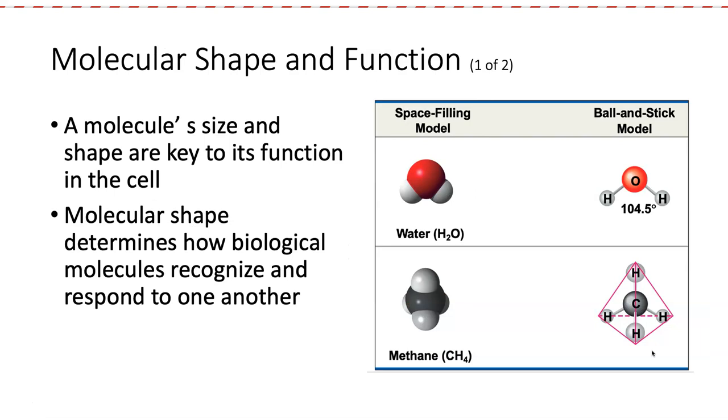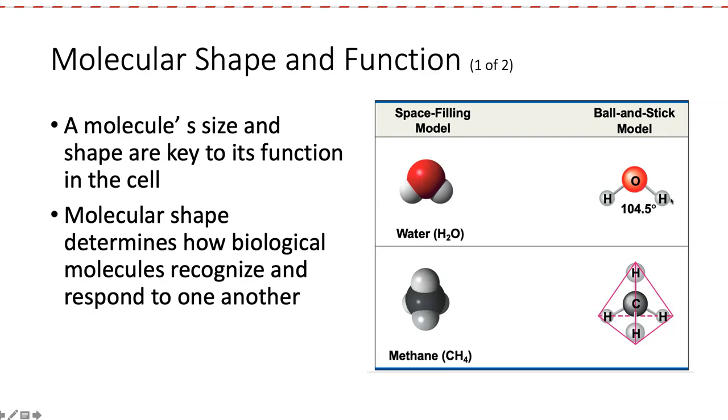The next thing that we're going to look at, just very briefly here, is the molecule shape and function. A molecule's shape is actually important to how it functions. What you see here is the shape of a water molecule. Those hydrogen atoms are held at 104.5 degrees apart from each other.